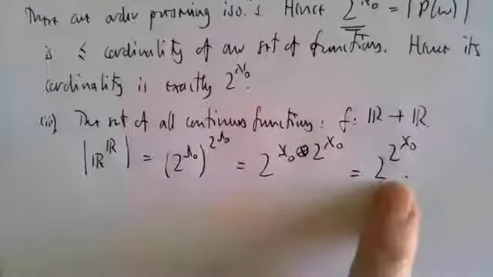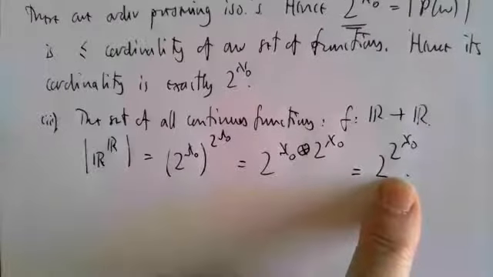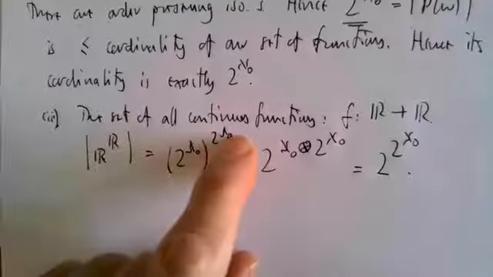This is the cardinality of the set of all functions from R to R, but it says continuous functions.